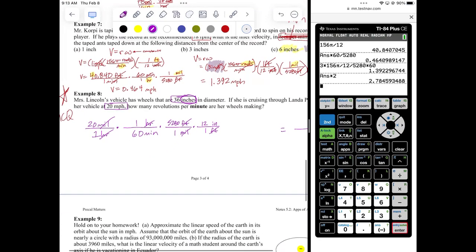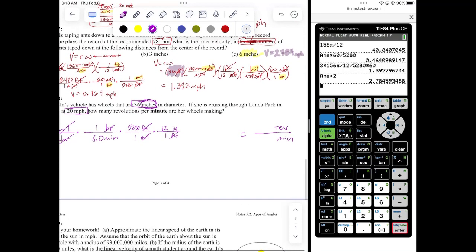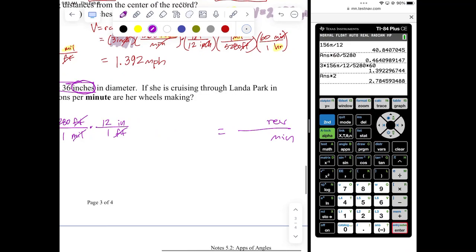So what are my current units that I have? Inches per minute. Is that what I want to get to? No. Okay. So the next conversion factor is the magical conversion factor. This is the one that's going to get us from a distance to a rotation. I want to put inches down here, and I want to put revolutions up here. 1 revolution is how many inches?